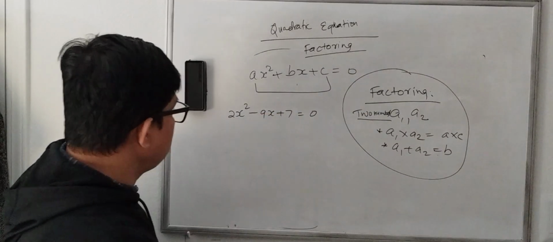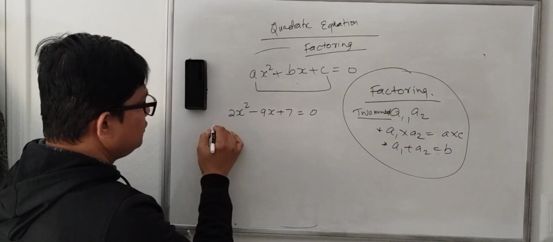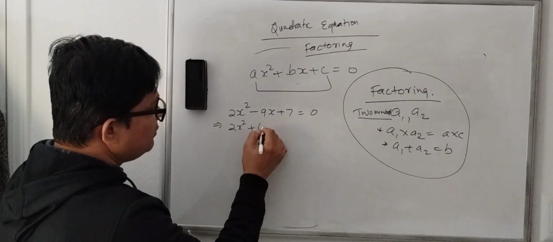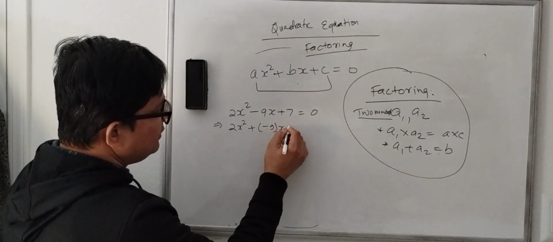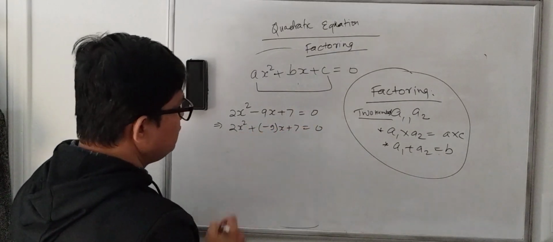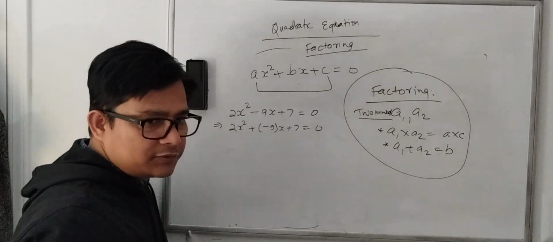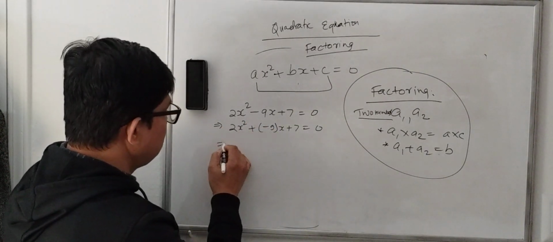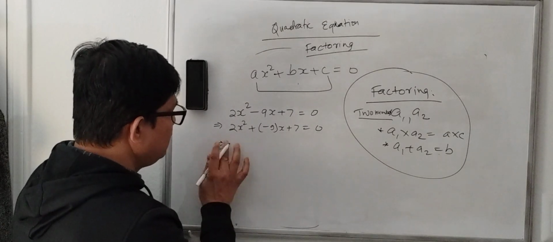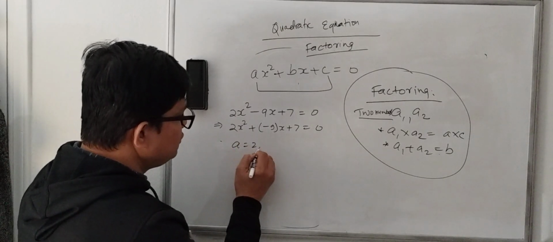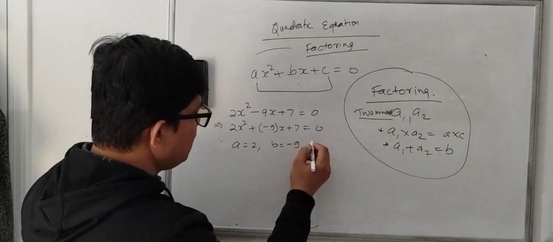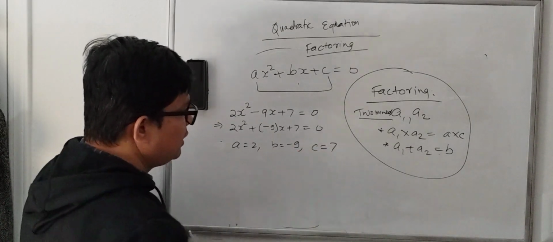Yeah, this one will work. So what is A, B and C? 2x squared minus 9x plus 7 is equal to 0. A is equal to 2, B is equal to -9, and C is 7. That's why I should have kept some example here. Okay.